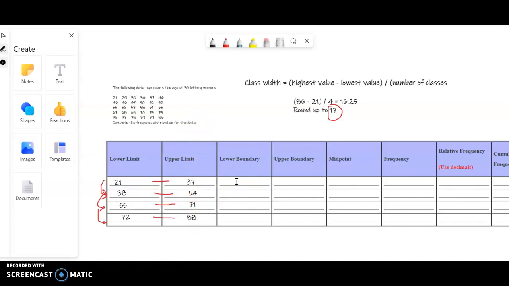So if I'm going to take off a 0.5 from 21, I'm going to get a 20.5. And over here, I'm going to bump it up. I'm just making my interval a little bit larger. So then I get a 37.5. Here I have a 37.5. Notice our bars would now be touching.